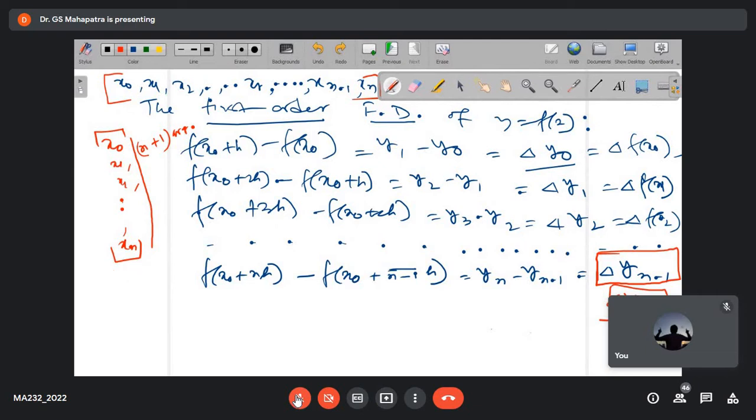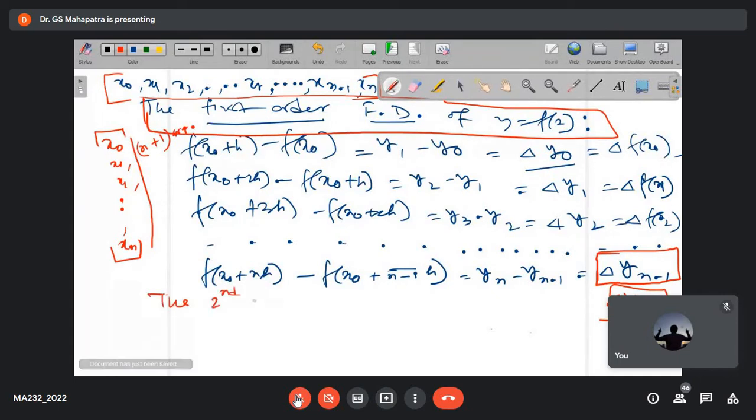So this is the first order forward differences. Now the second order forward differences of y equals f of x. What will be the answer?